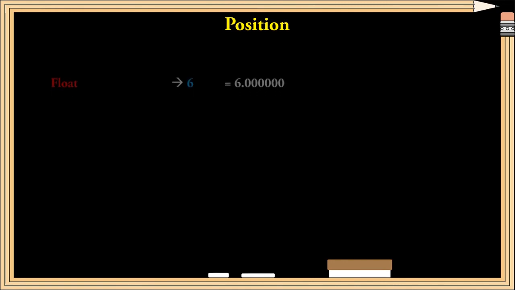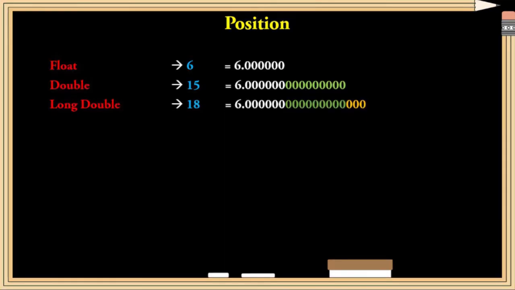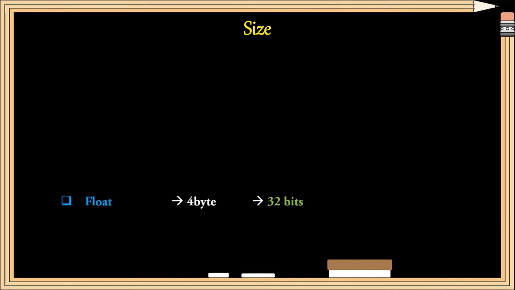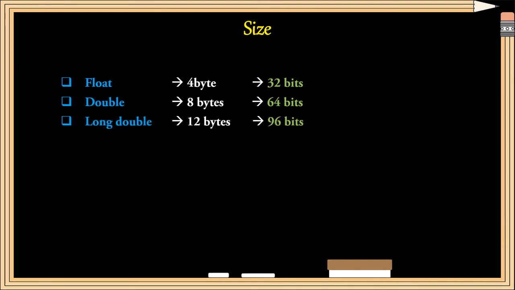Now if you want to see the positions, float can hold up to 6 positions, double can hold up to 15 positions, and long double can hold up to 18 positions. Now if we talk about size, float can store 4 bytes of data, double can store 8 bytes of data and long double can hold up to 12 bytes of data.